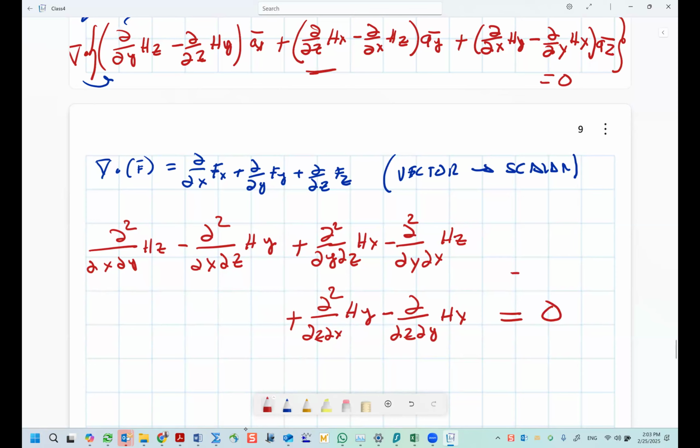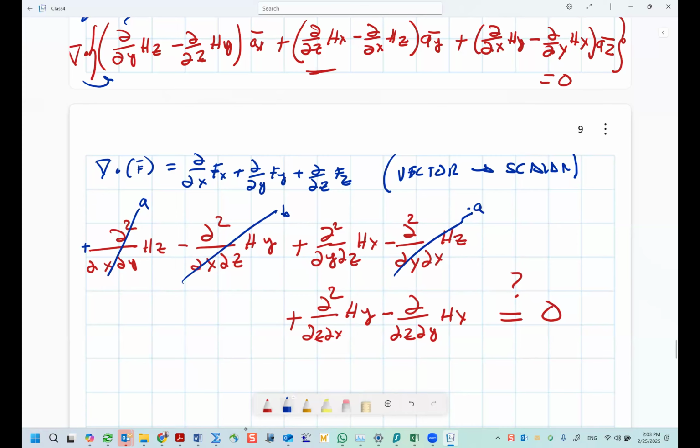Is this equal to 0? Well, let's see. Over here, this one should eliminate with one of them. I am looking for dx dy Hz, which is here, right? This one eliminates with this one. This is positive here, that is negative there. Now the second term eliminates with a and minus a.